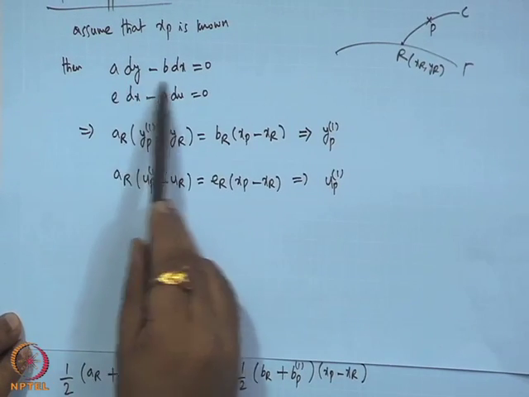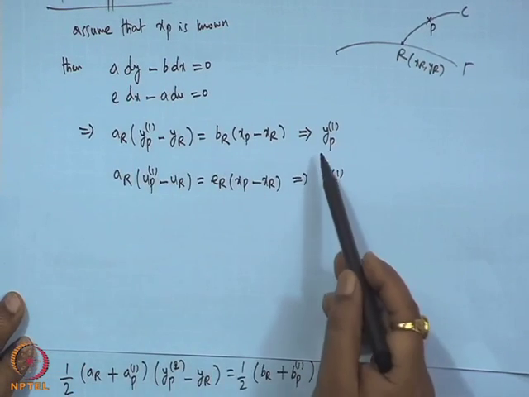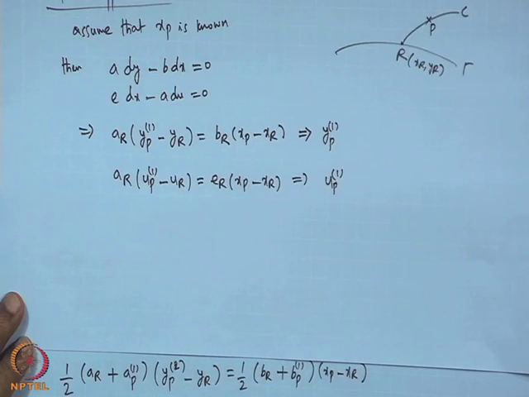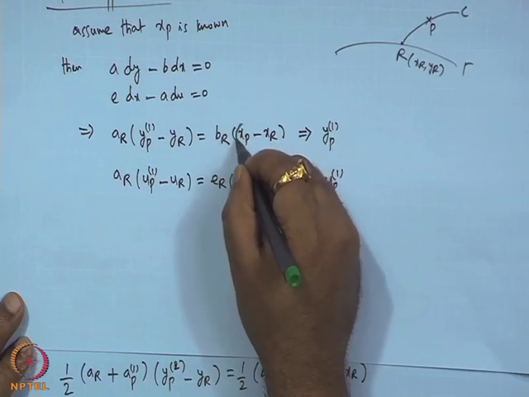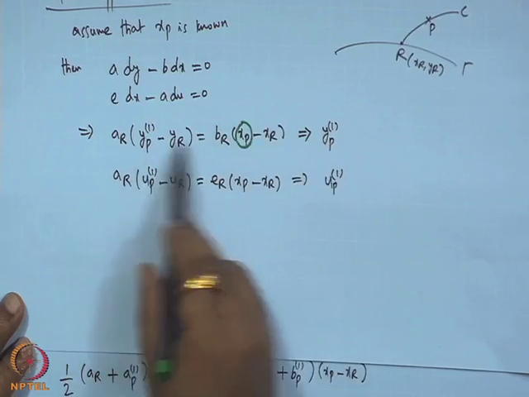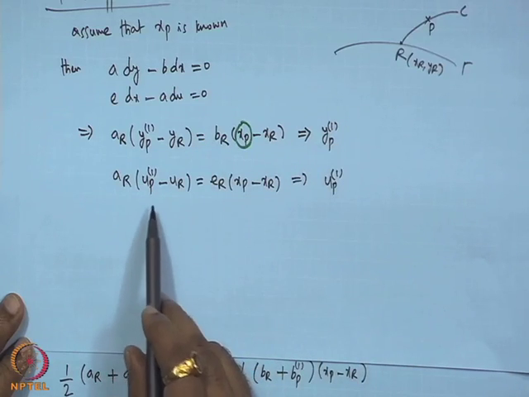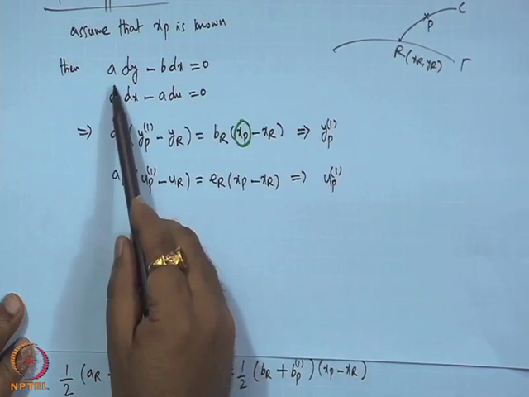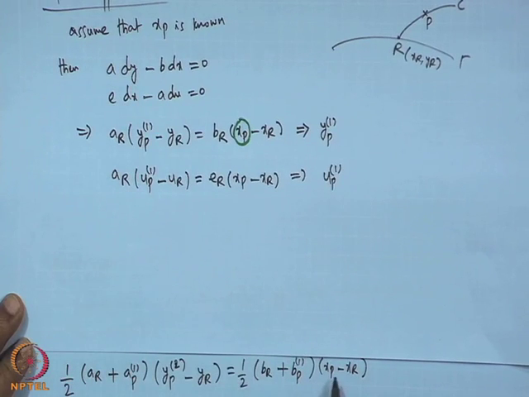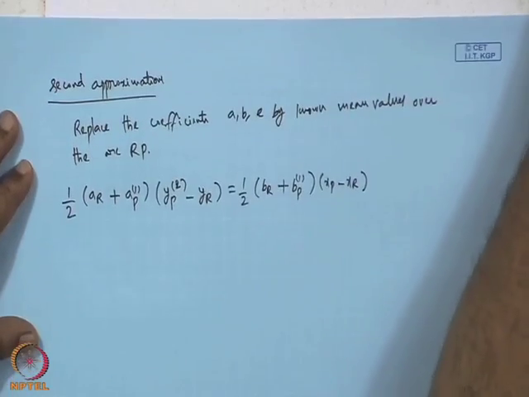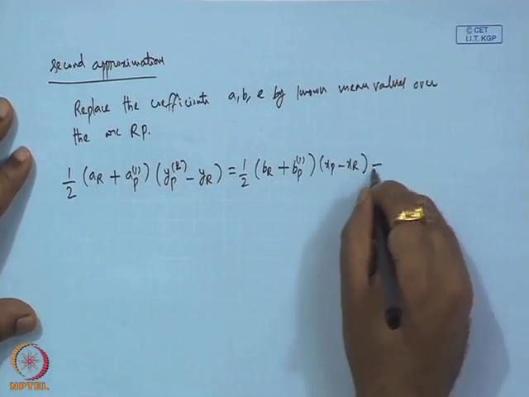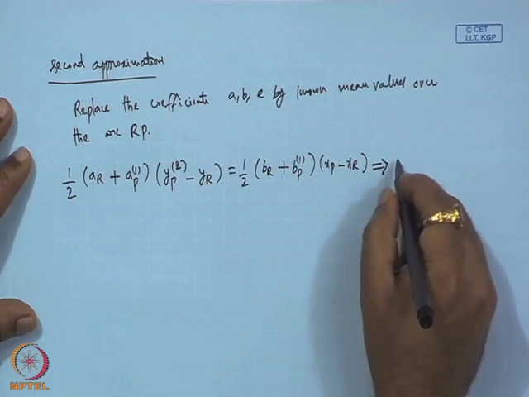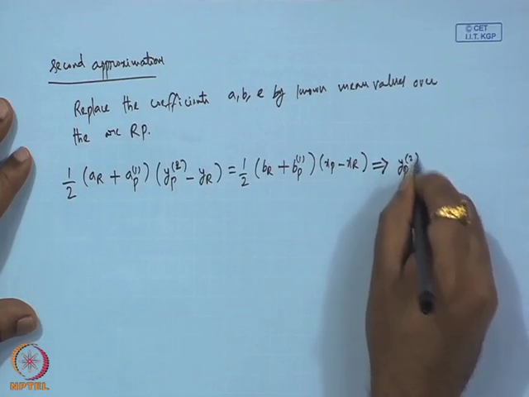What we have done, we consider this equation, then assuming x p is known, we can obtain y p 1, then u p 1. Now, we replace these coefficients by averages. You can see A r and A p 1. Then we get the second approximation from here, y p 2.